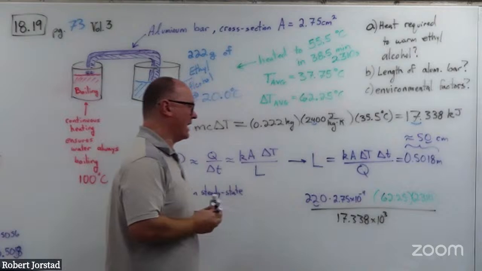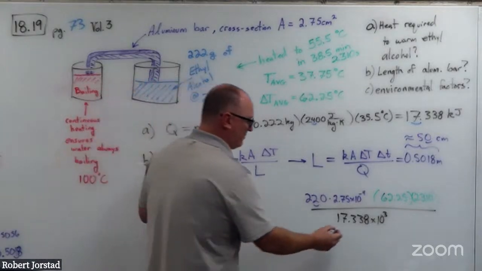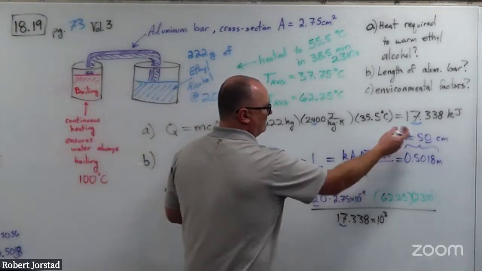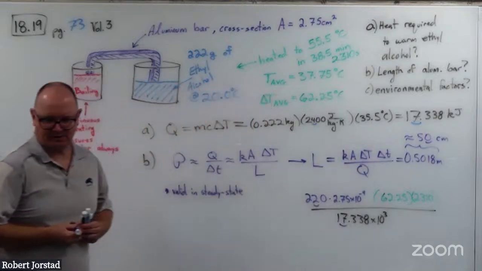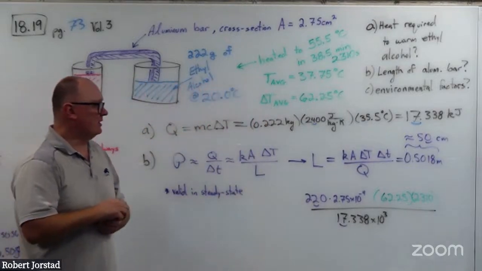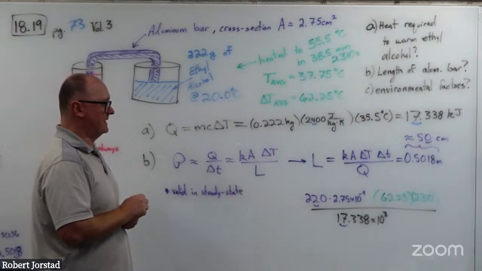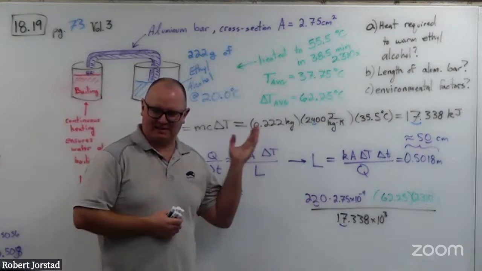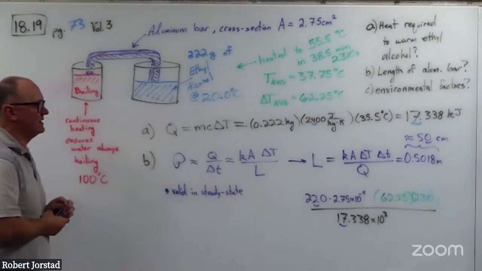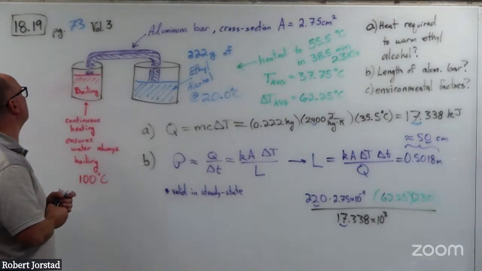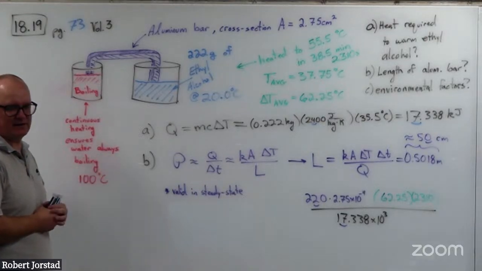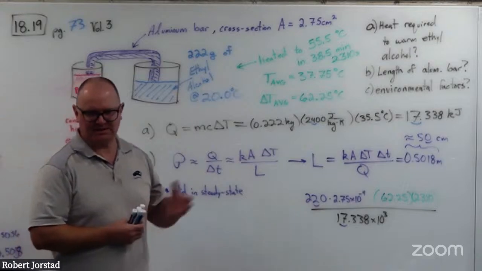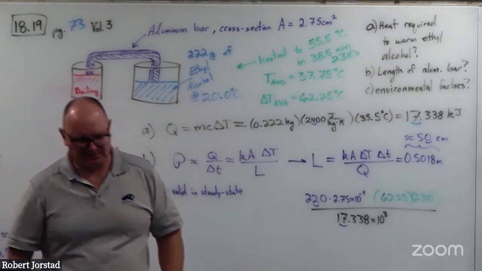If we keep track of the sig figs, we're assuming this one was only the second. So we're assuming this is about 50 centimeters. So in this case, this actually gets very close to the exact answer, and I'll show the exact answer to 18.19 in the next video, just so this one doesn't get too long. But this gives you an idea of how to do that.